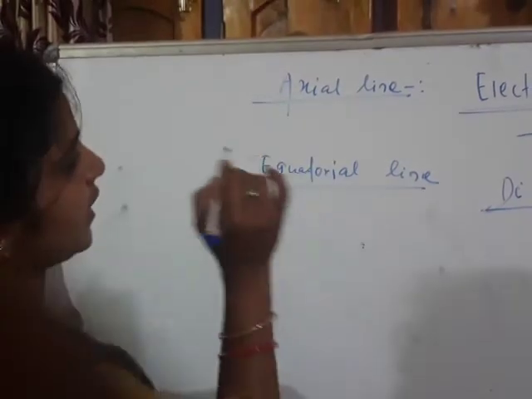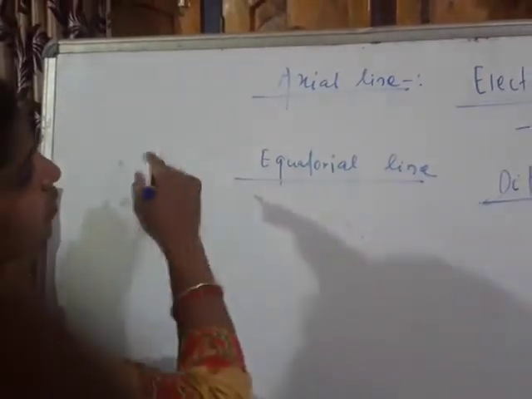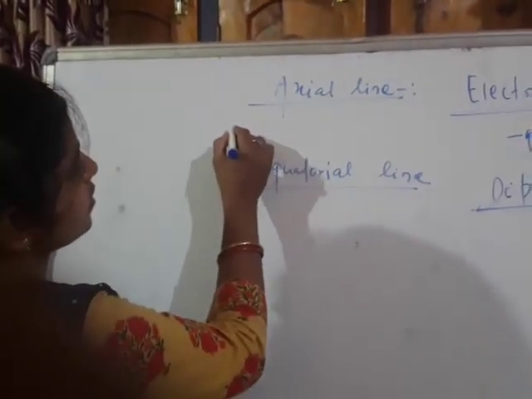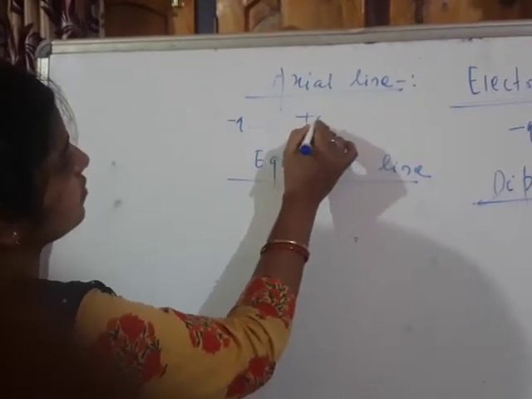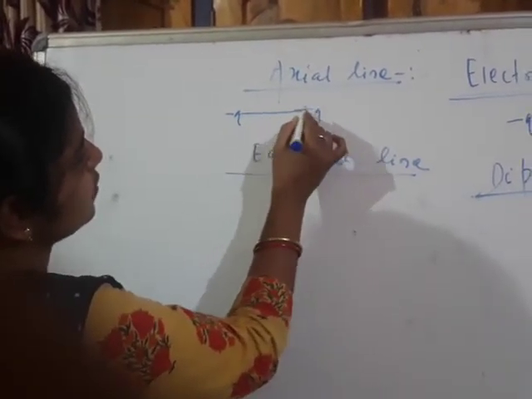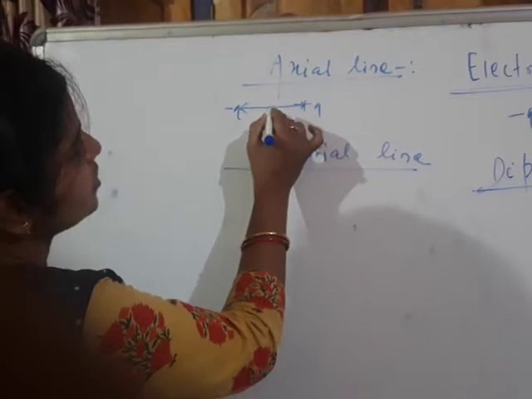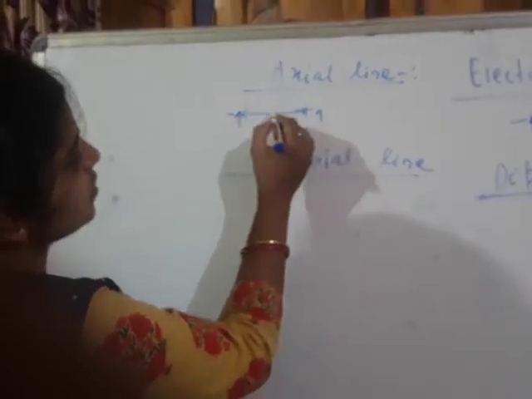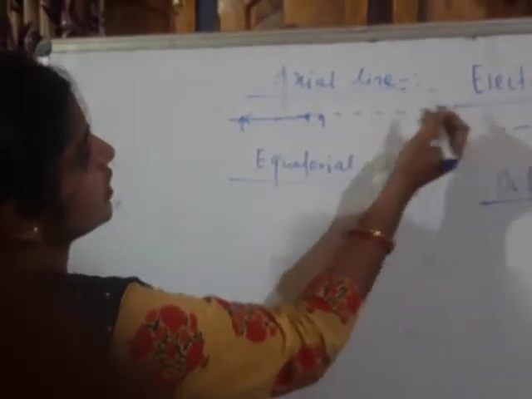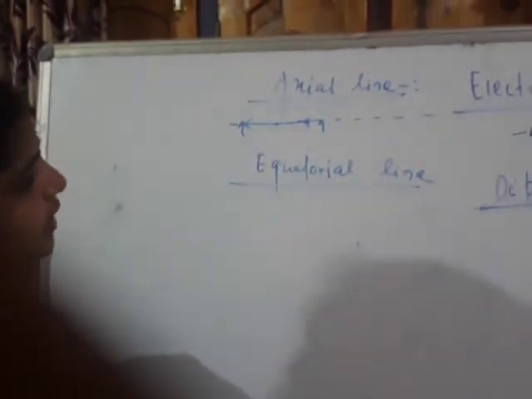Axial line is the line which is present along the axis. Suppose minus q and plus q, this is an electric dipole, and the line joining the centers of these two charges, extended from the center, is known as the axial line.